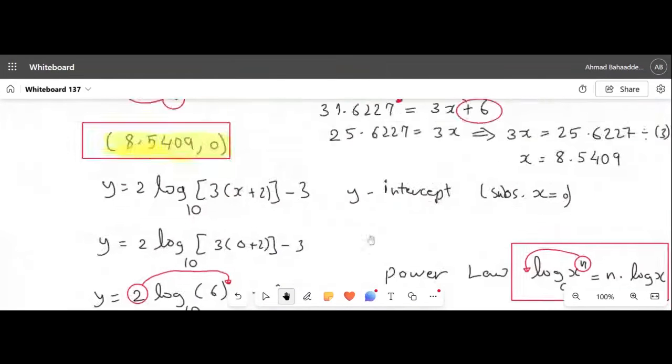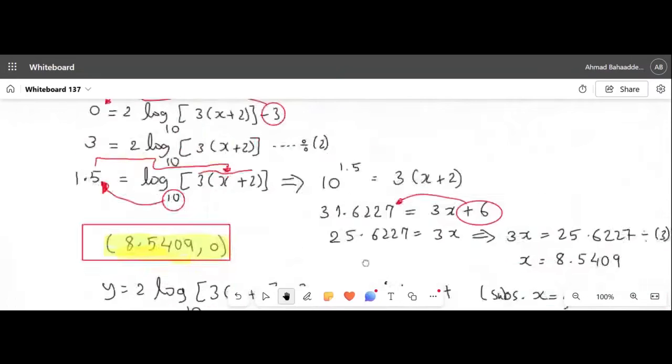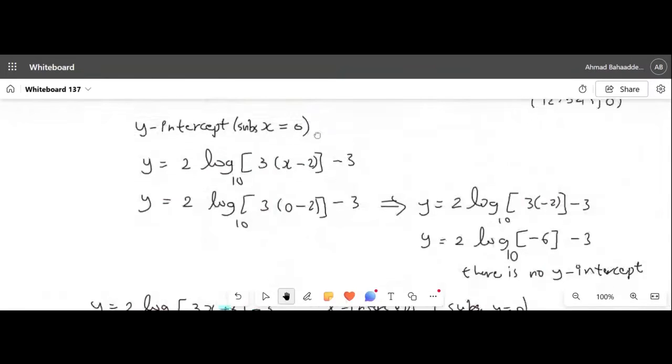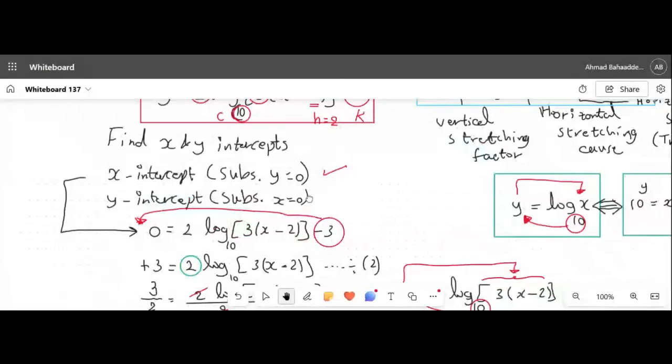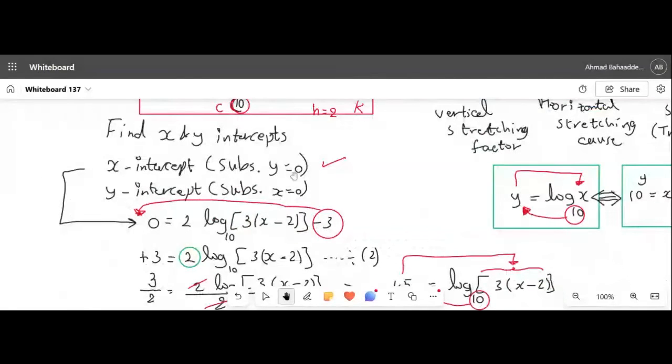So both of them can be found together. Don't forget, guys, every time you substitute to find the x-intercept, you need to substitute y equal to 0, and when you want to find the y-intercept, you need to substitute x equal to 0.